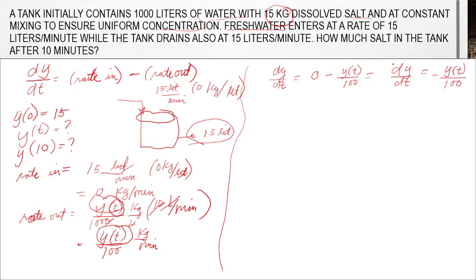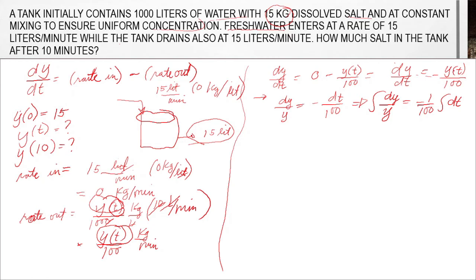So we integrate. Not yet, we have to separate variables. So this becomes dy over y is equal to negative dt over 100. And we integrate that. So we have the integral of dy over y, which is equal to negative 1 over 100 times the integral of dt.